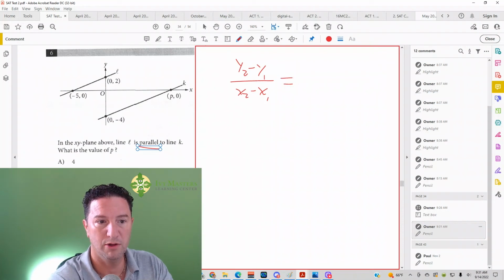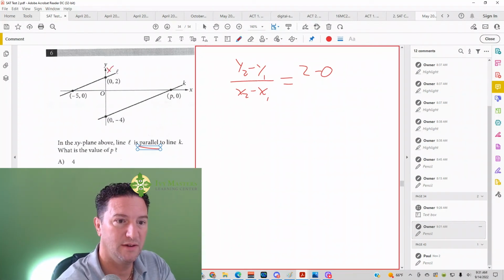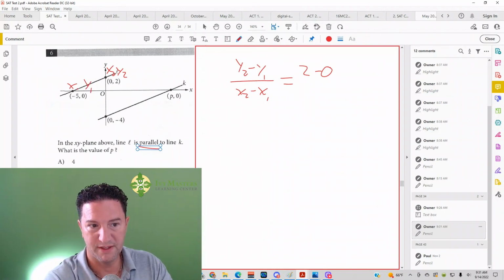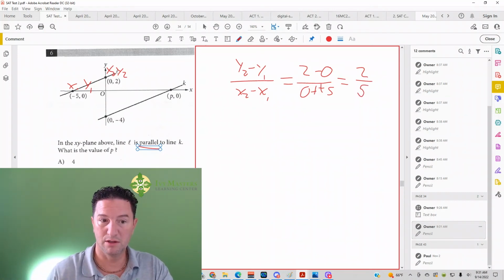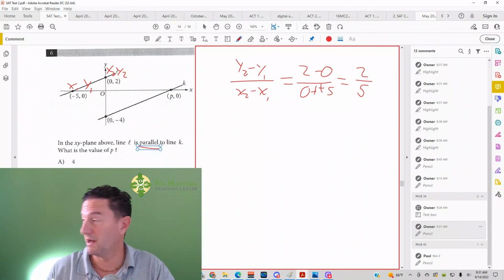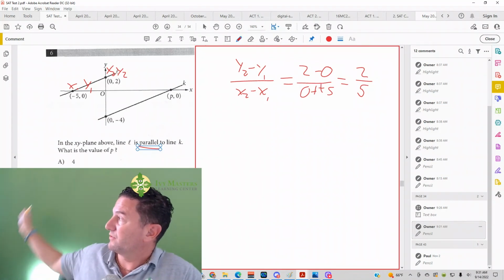So if I'm looking at line L, it's a good idea to take this step: you could say x2, y2, x1, y1, just to keep it straight. 2 minus 0 over 0 minus -5. And when you subtract a negative, you add a positive, so you get 2/5. We would expect that, because a line with a positive slope is going to go up from left to right.